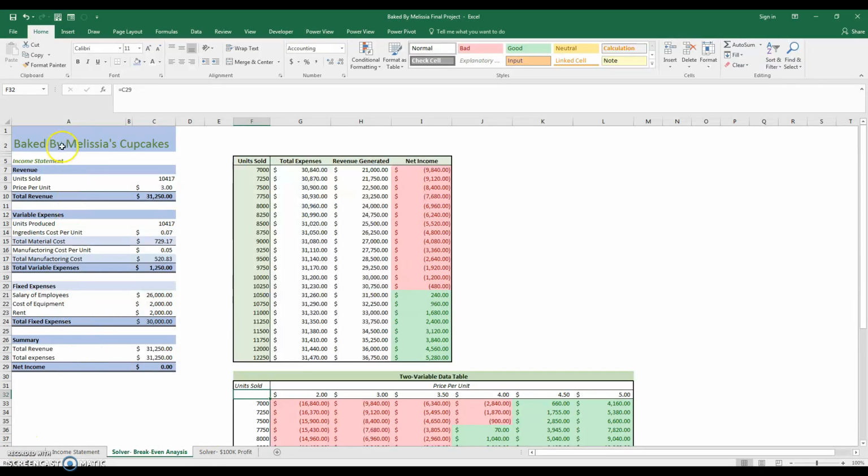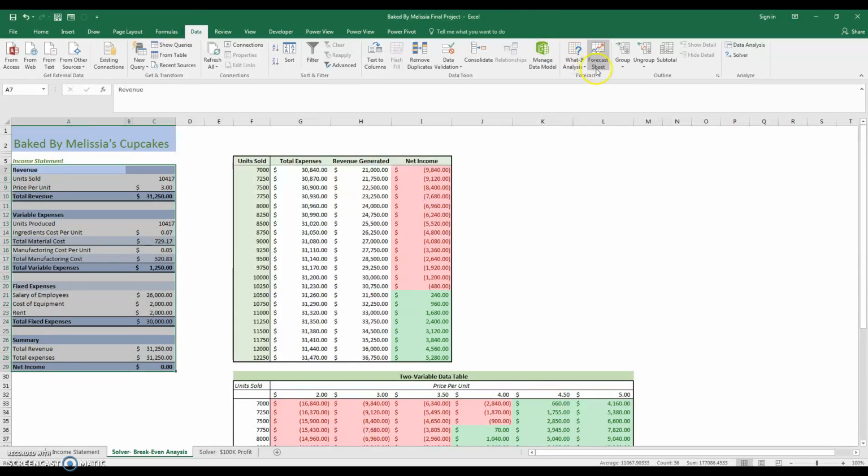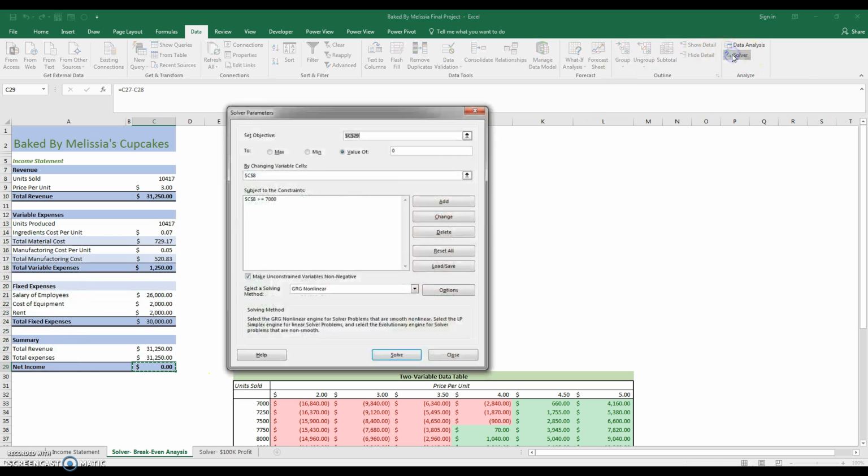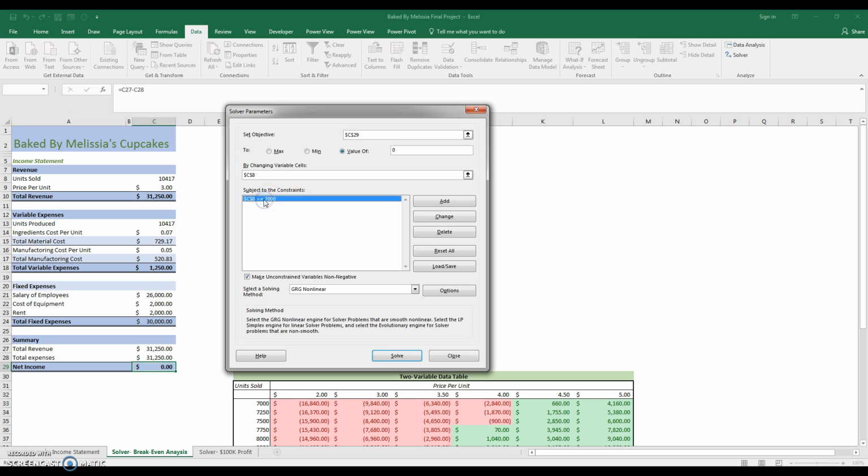In this tool, I utilized the Solver tool, found in the Data tab under Analyze. I clicked Solver, and over here I put a constraint on the number of units sold and produced as 7,000.